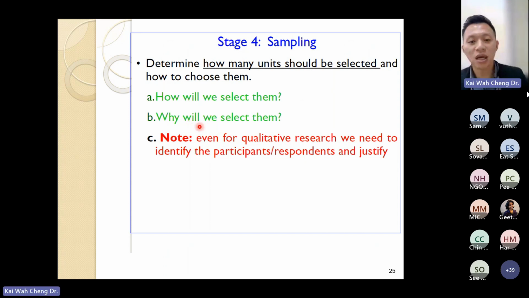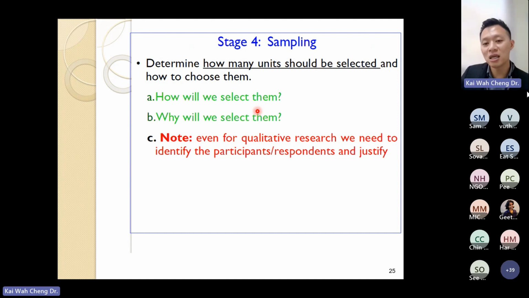And next one, how will we select them? It refers to the sampling technique. Either you are using multi-stage sampling method, or convenience sampling method, or simple random sampling method, or how.